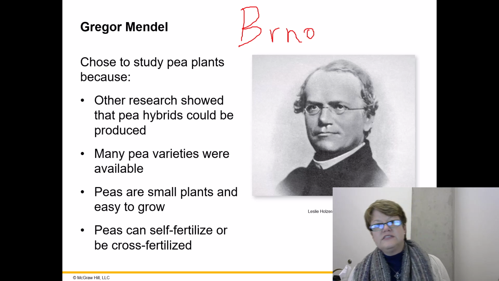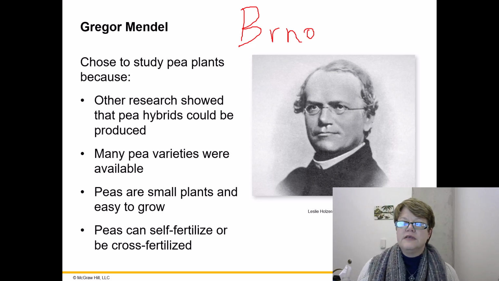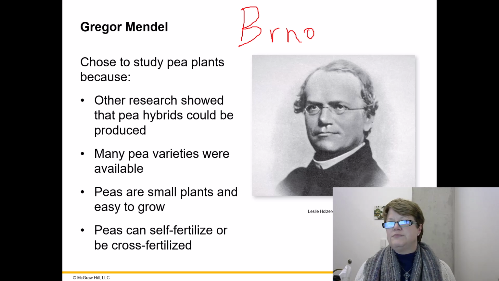And he actually didn't start working with pea plants. He wanted to work with mice, and he was starting to set up mouse experiments. And the story is that a bishop came to visit the monastery and was unhappy that the mice were having so much sex in the monastery that I think it probably smelled bad.